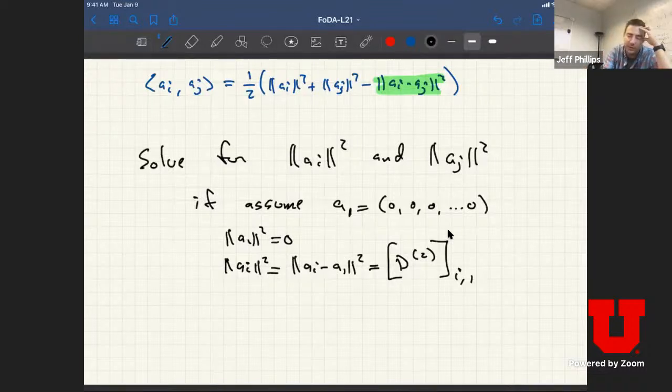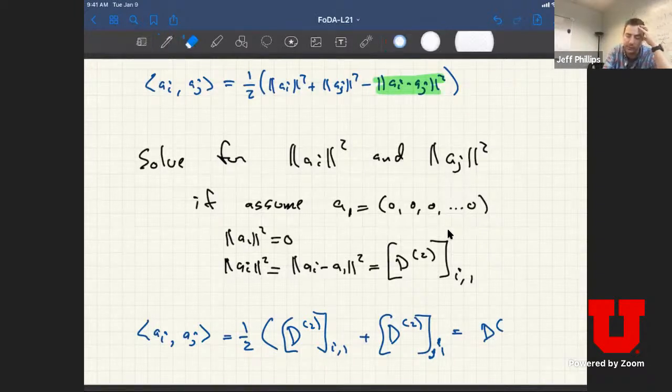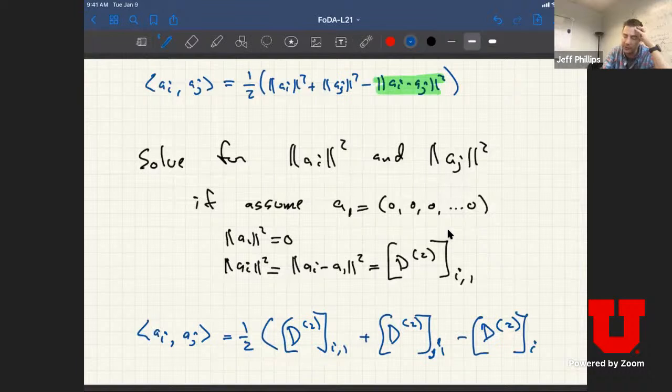And this means that I can solve for AI AJ equals 1/2 of D2, the entry I1, plus this squared distance matrix entry J1, assuming that it's symmetric, and this is, of course, minus D2, this is just IJ.